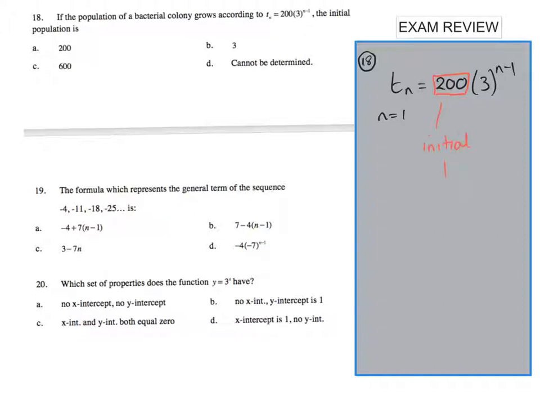So in this case, the initial population is basically the first term of the sequence, because the first term is where you start from the base. So 200 will be it. If you subbed n equals 1 in, you get 200 times 3 to the power 1 minus 1, 1 minus 1 is 0, 200 times 3 to the power 0 is 200 times 1, which equals 200.